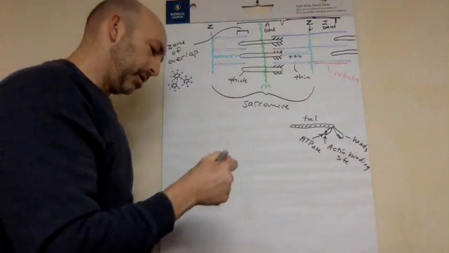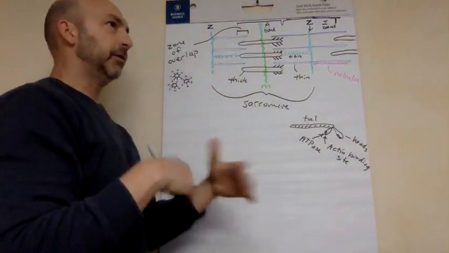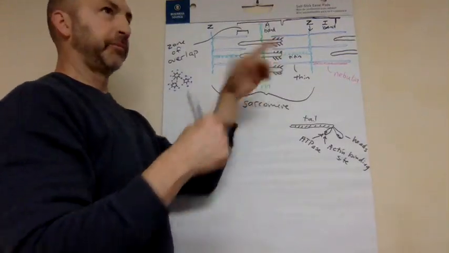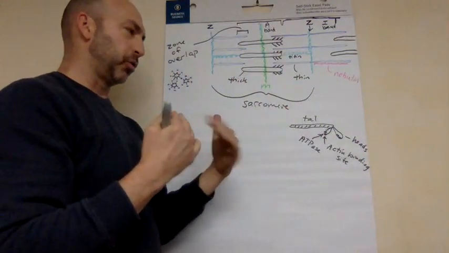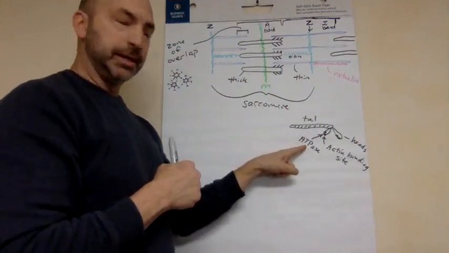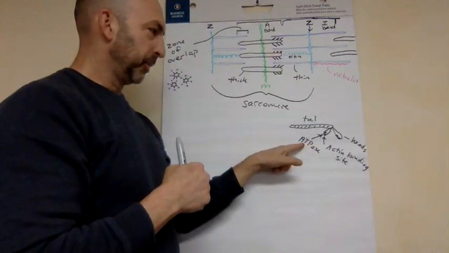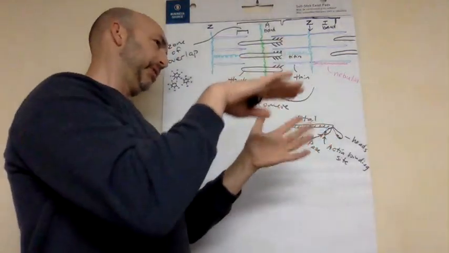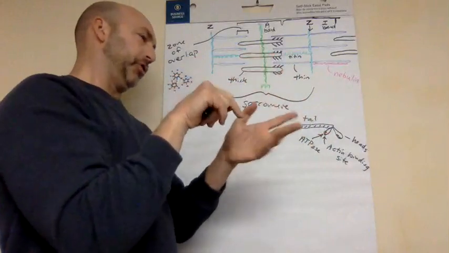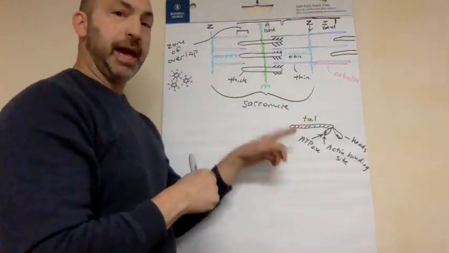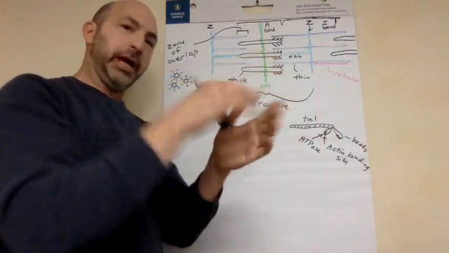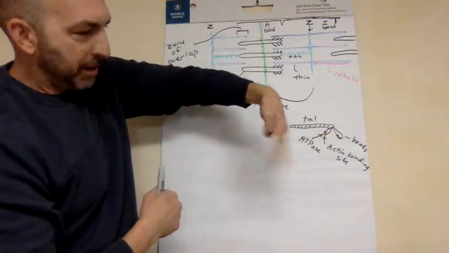And so there's a cycling of binding and pulling on the actin, with energy that was stored by utilizing ATP initially, to cock the head in a position so that it has stored energy in it. Then it releases, binds ATP again, breaks the ATP, restores the energy, and so the heads go back and forth.